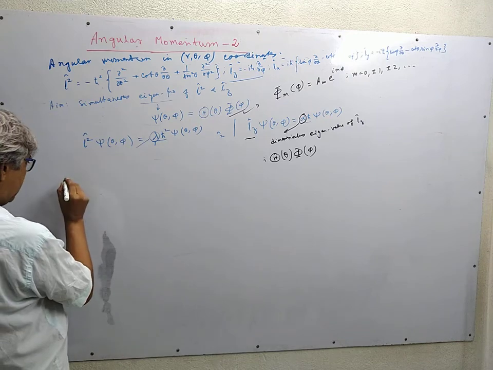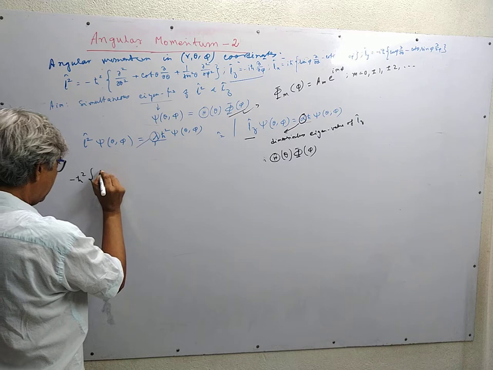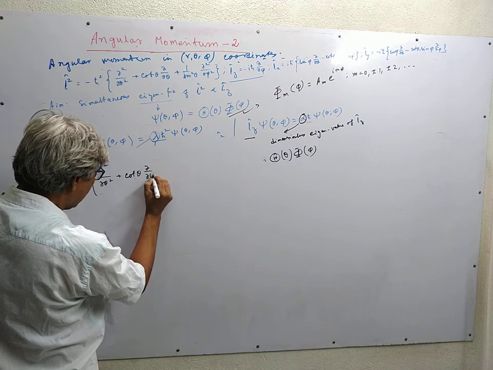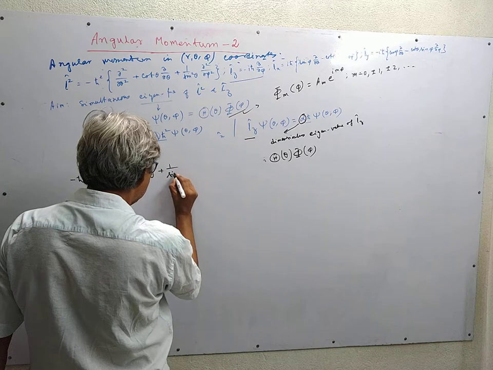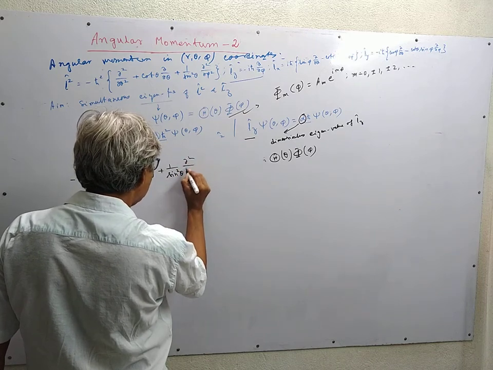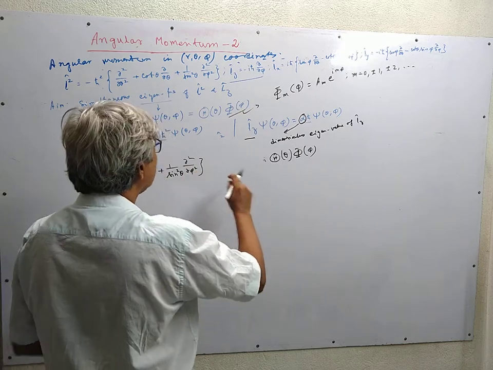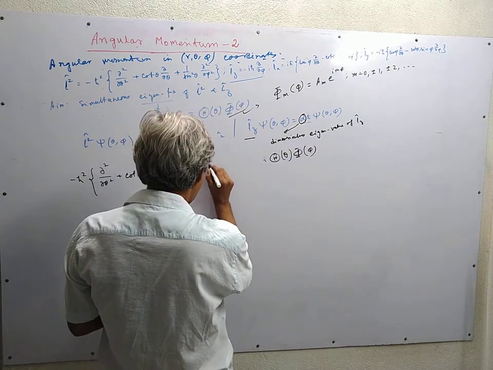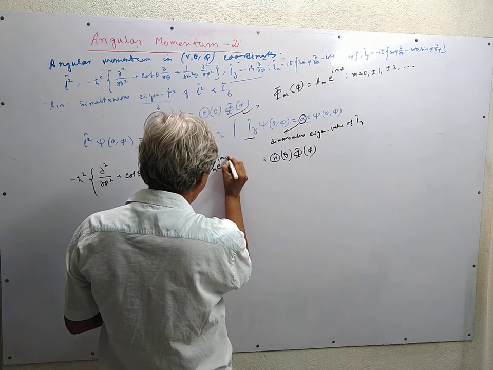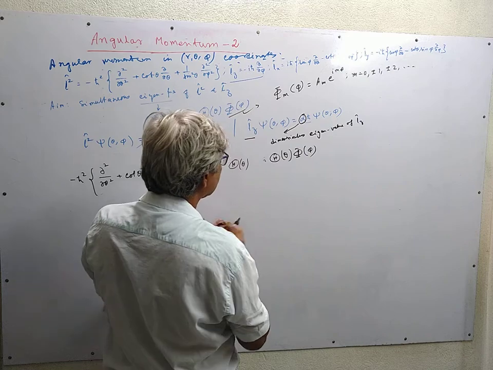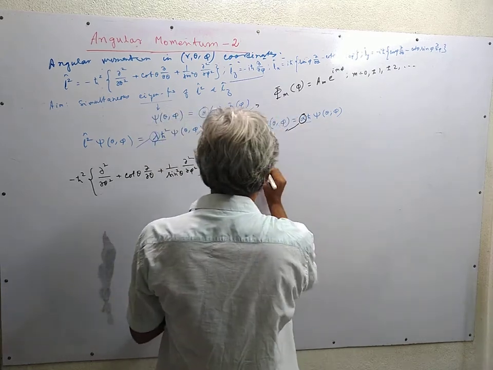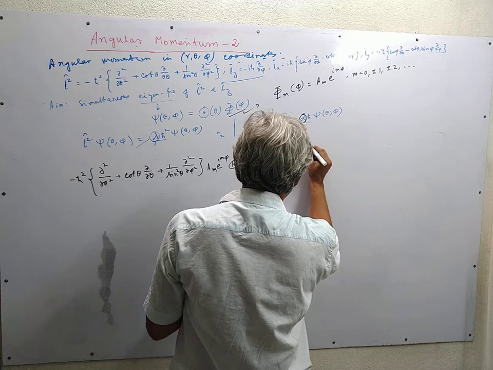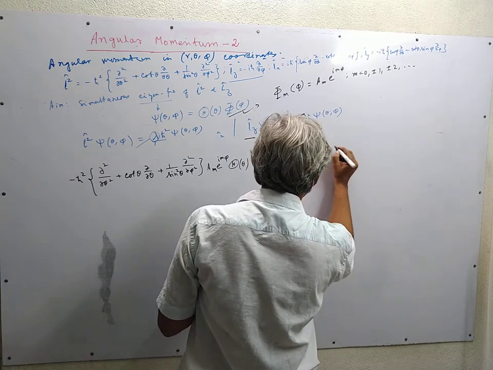L square is minus h bar square times del 2 del theta 2 plus cot theta del by del theta plus 1 upon sine square theta del 2 del phi 2, operating on A e to the power i m phi times theta of theta, and on the right hand side we will have lambda h bar square A e to the power i m phi times theta of theta.